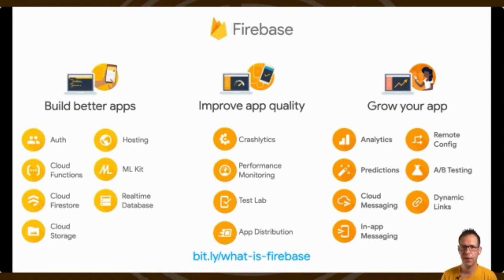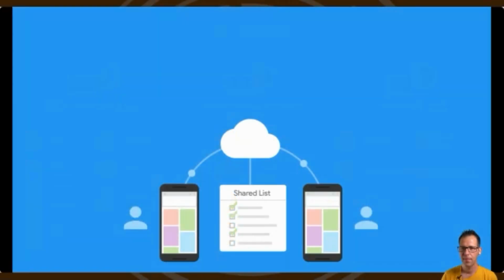One pillar for building apps, another pillar for improving your app quality, and a third pillar for growing your app with products like A/B testing, messaging, dynamic links, and stuff like that. But today, we're just going to look at one product, which is Cloud Firestore, which is a document-based real-time database.